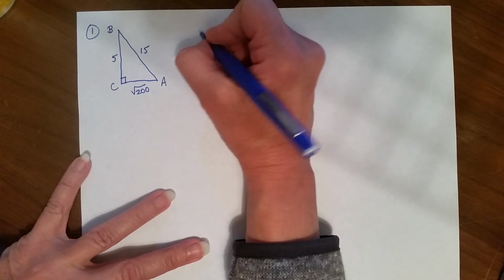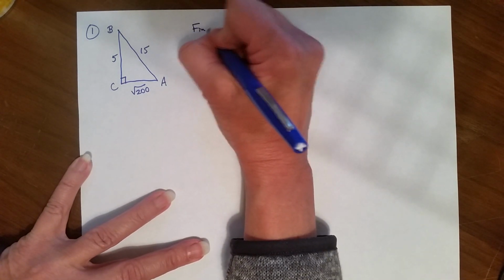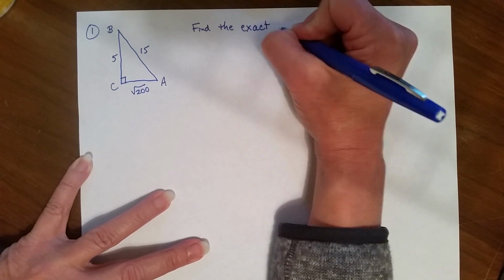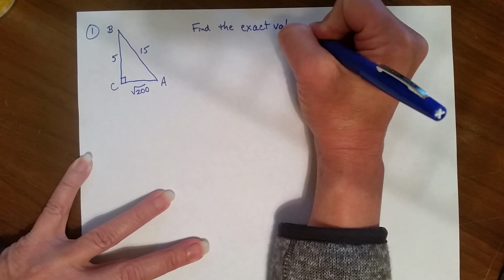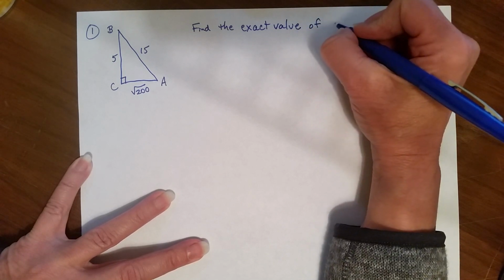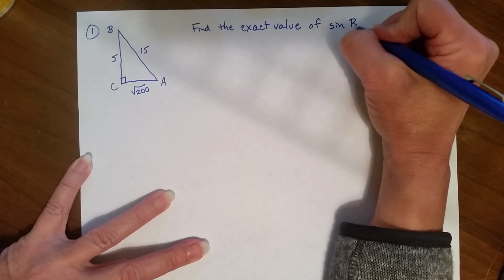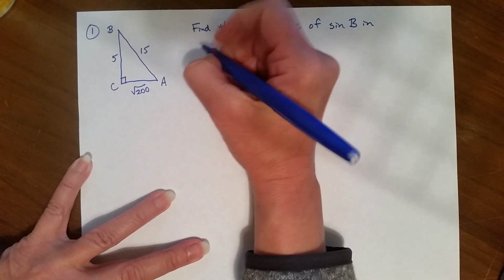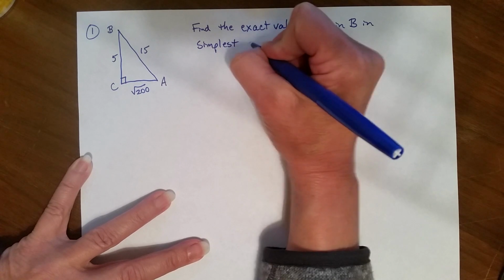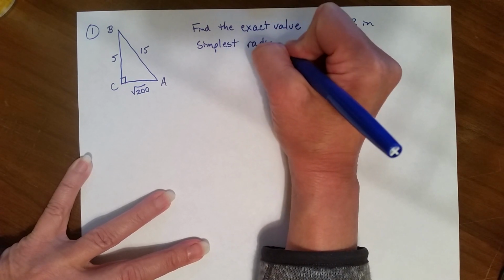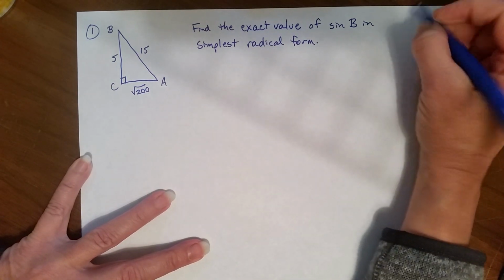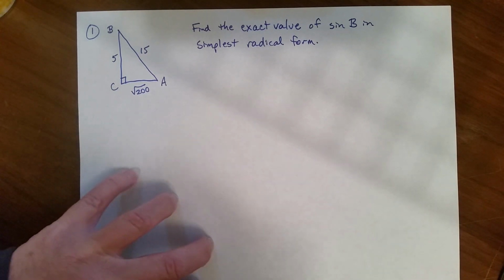The problem is going to say, find the exact value of sine B in simplest radical form. Okay, so keep in mind SOHCAHTOA.